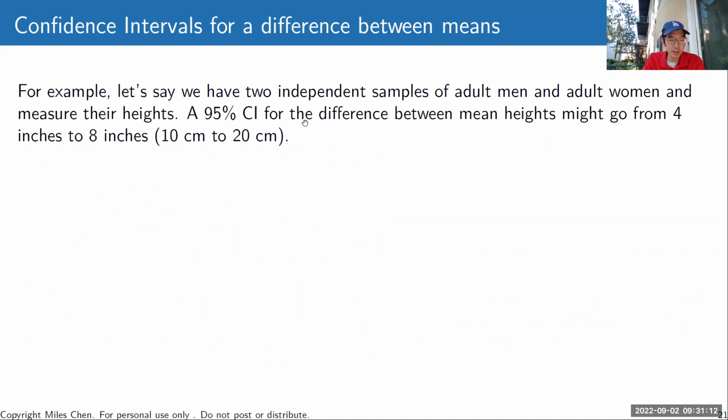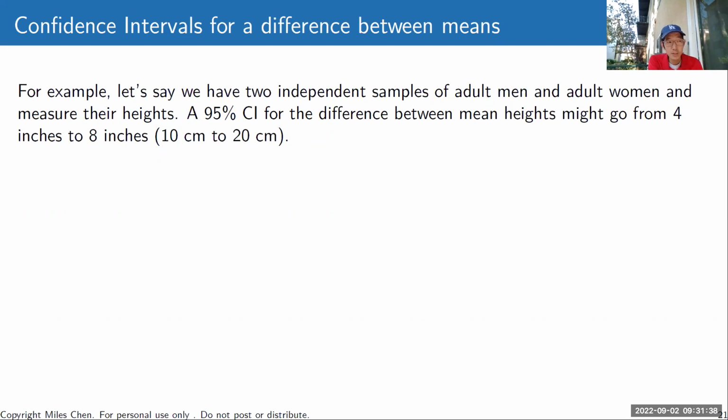Okay. So, just an example of what the resulting confidence interval could look like. Say we create a confidence interval for the difference between the average height of adult men and the average height of adult women. We looked at samples of adult men and adult women, measured their heights, and created a confidence interval for the difference in the average heights.